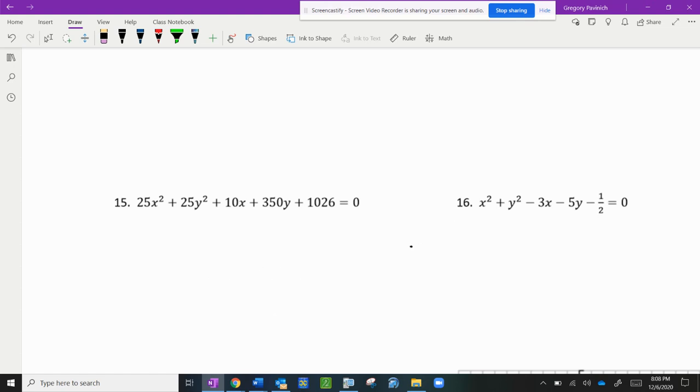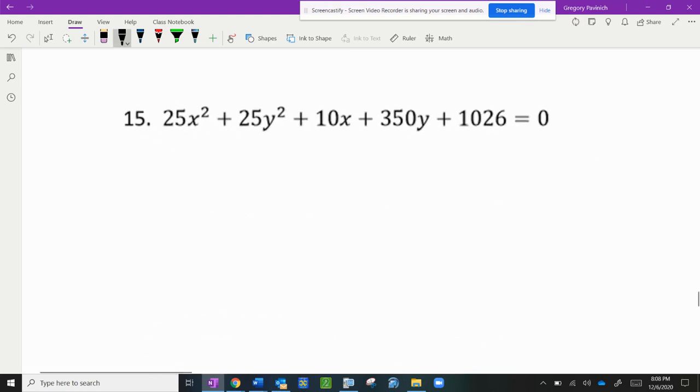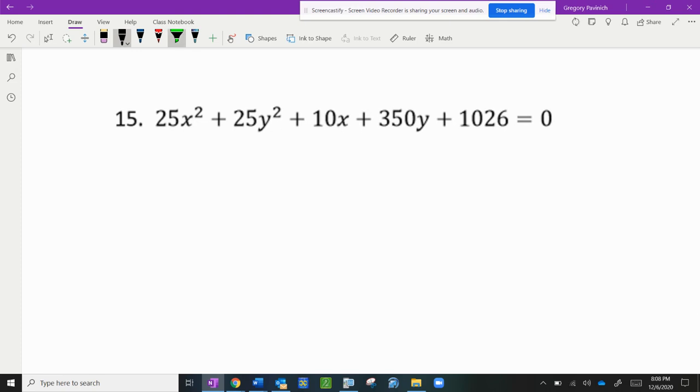Okay. So notice on this one, first of all, it's going to be a more difficult completing the square one because my squared terms don't have a positive 1 coefficient where I could just half the number and square the linear term. I have to factor out that 25 first. So I've got to remember that. So as I get this thing set up, I'm going to say 25x squared plus 10x plus blank.